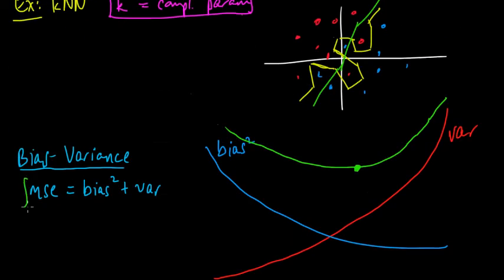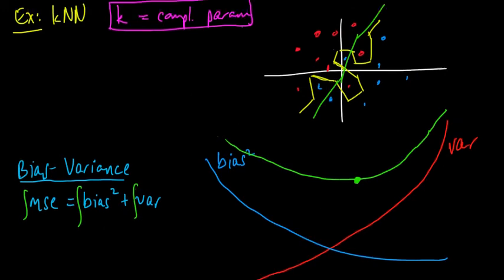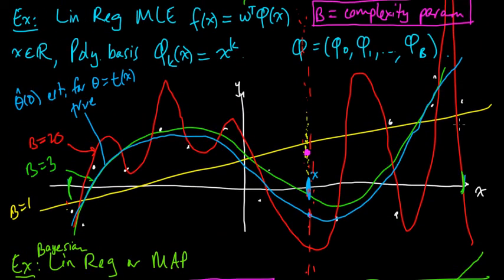Obviously, the integral is linear. So you could think about your integrated bias squared and your integrated variance for the whole, thinking about your estimator now as being the whole function.